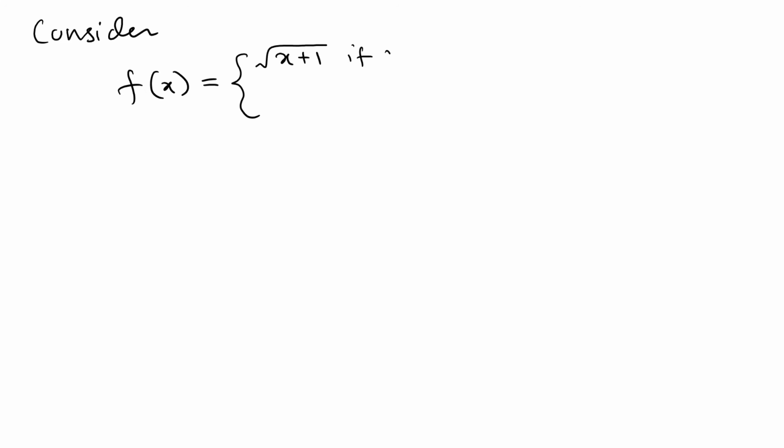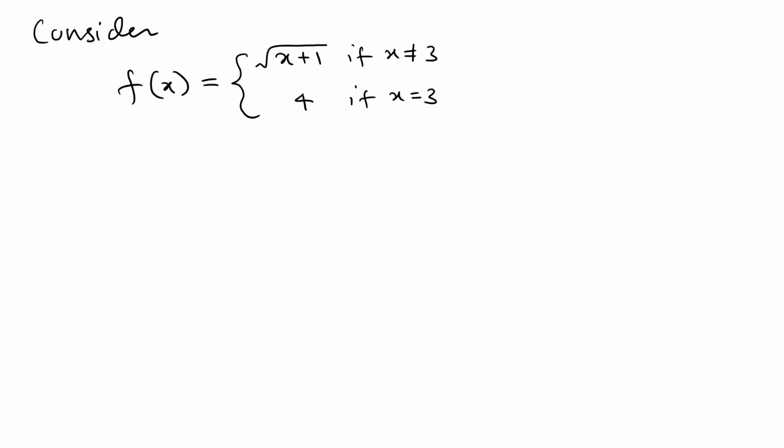Now let's look at this problem. Consider the piecewise function f(x) equals the square root of x plus 1 if x is not equal to 3, and it is 4 if x equals 3.